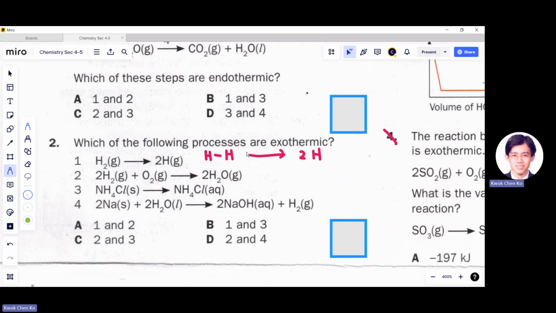So in other words, this is actually bond breaking only. Nothing else. That one can come up for you. Bond breaking, only bond breaking.